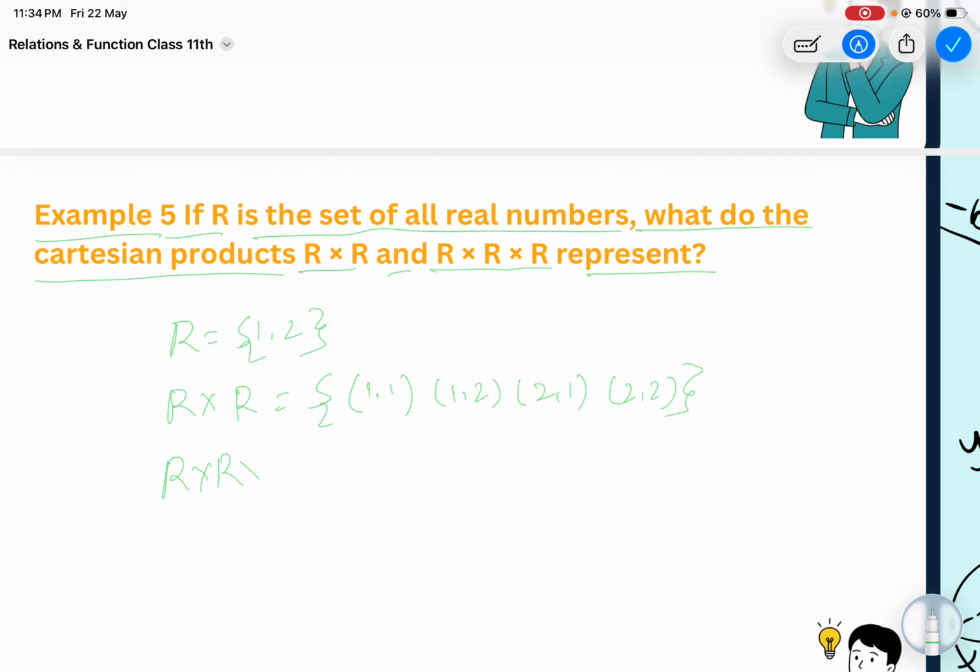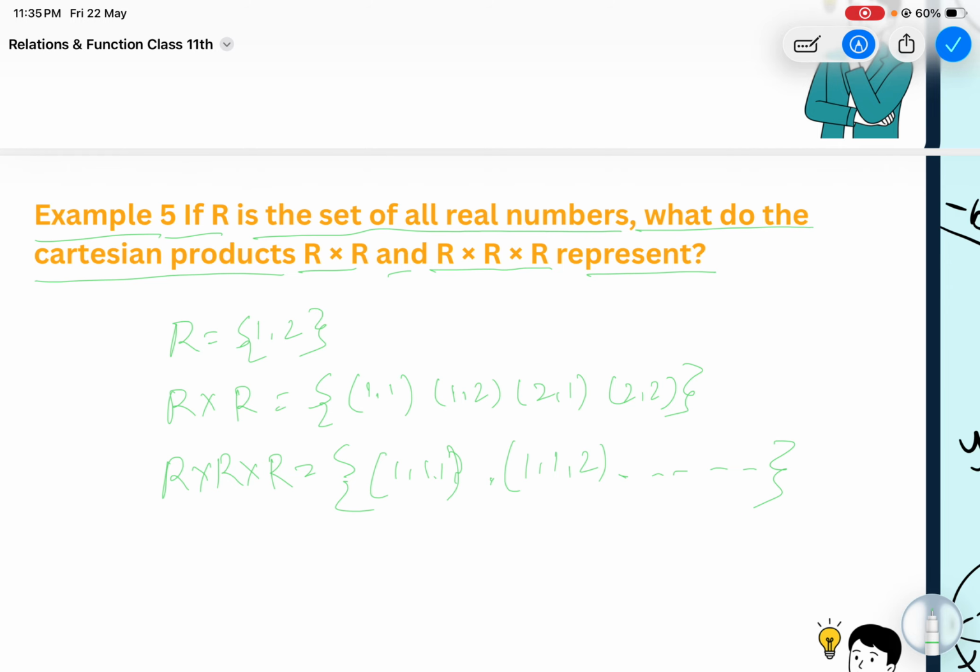But if we do R into R into R, it will be like 1 comma 1 comma 1, 1 comma 1 comma 2 and so on, till 8 elements, right?